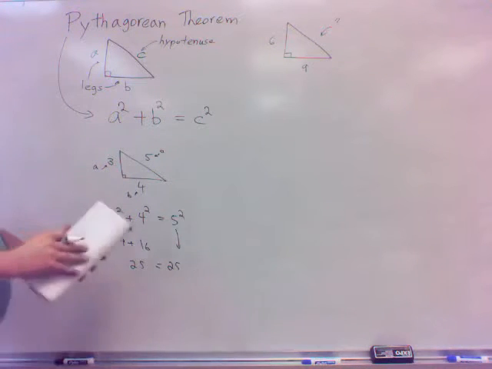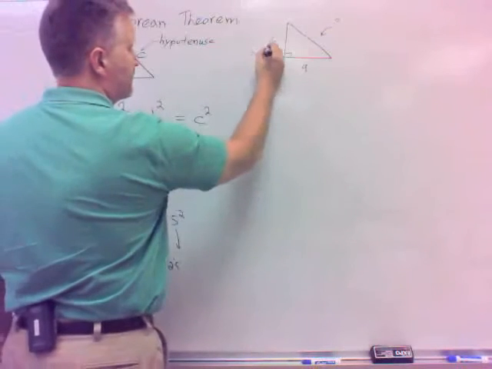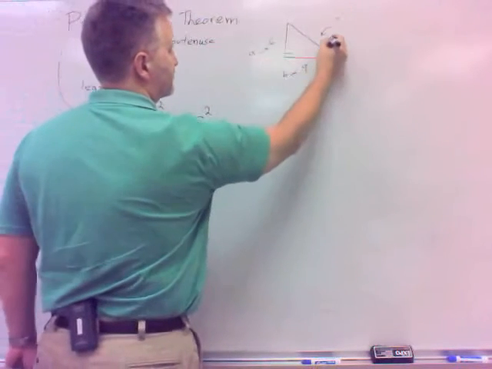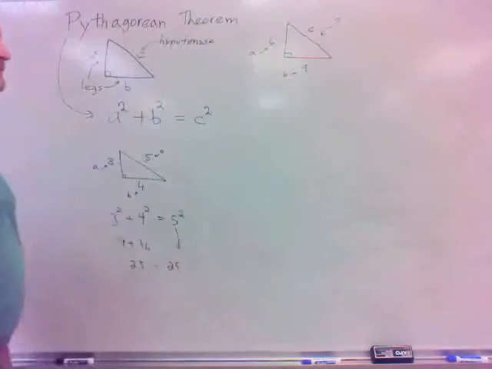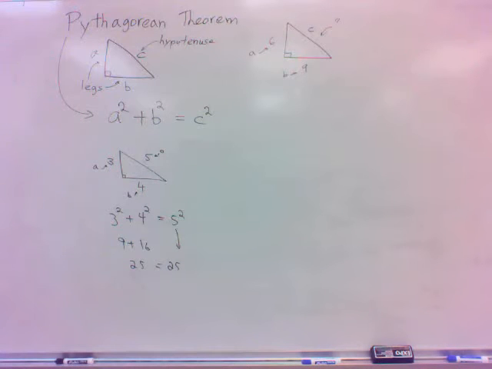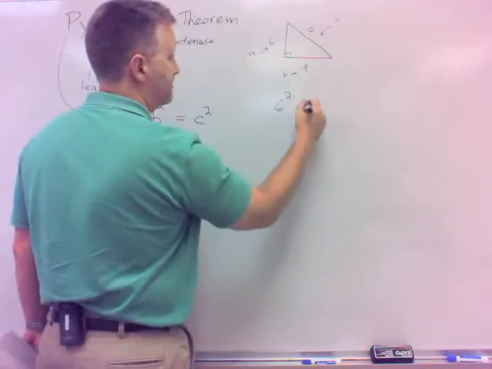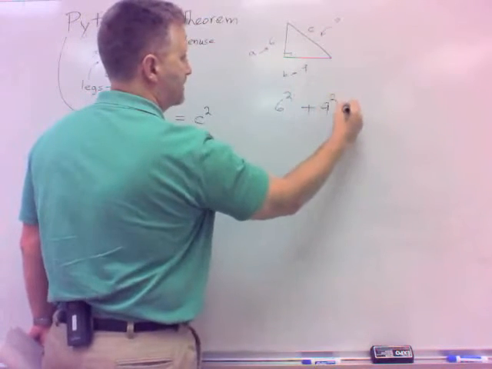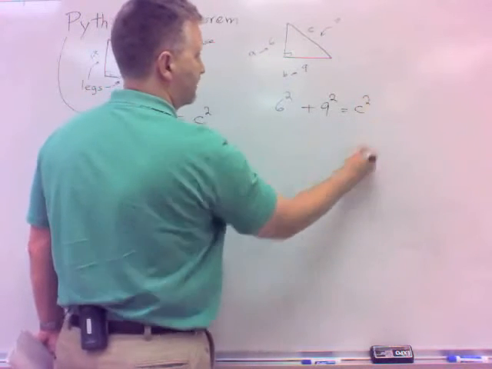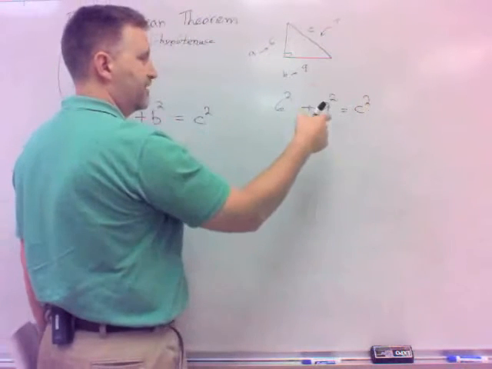So what I have here is, of course, A and B. I want to find C. So I put it into the Pythagorean Theorem. I have A squared, 6 squared, plus B squared, 9 squared. That equals C squared. So can I find C off of that?